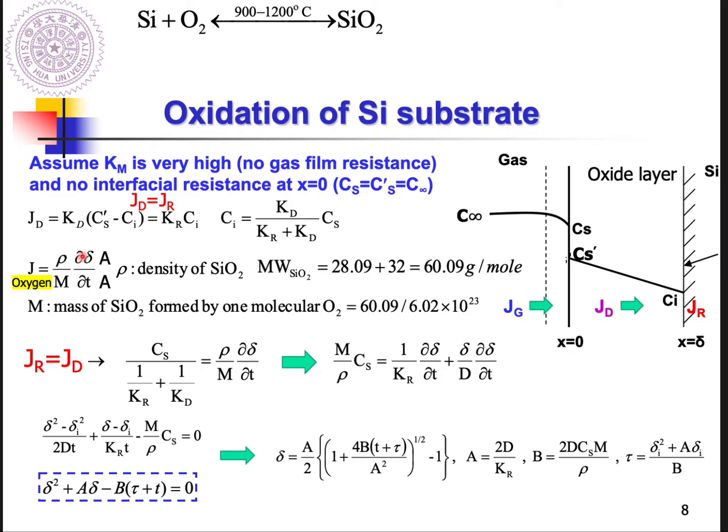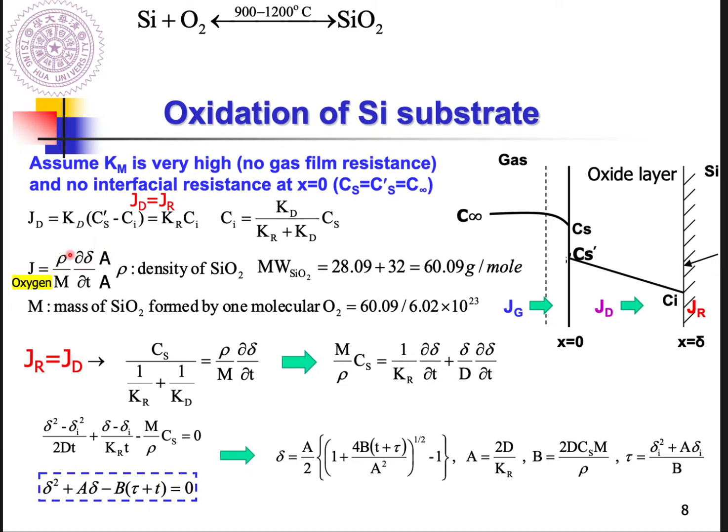We can use d delta, the small increase of the thickness of the dioxide layer, times A, the interfacial area. So the total is what? The volume. This is the thickness, and times A is the volume of the oxide layer, right? The volume.